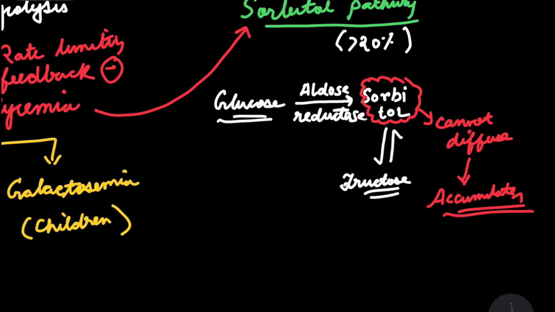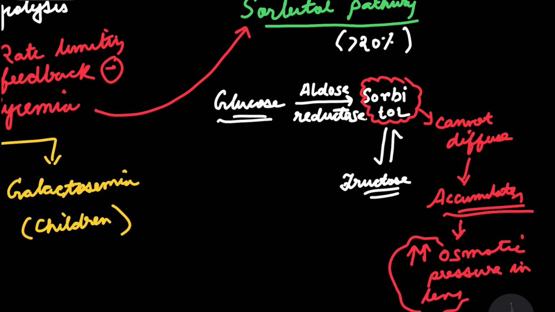And a sugar compared to water, what will it make water? Water will be made more concentrated by a sugar. What I mean to say is sorbitol will lead to increase in the osmotic pressure in lens.